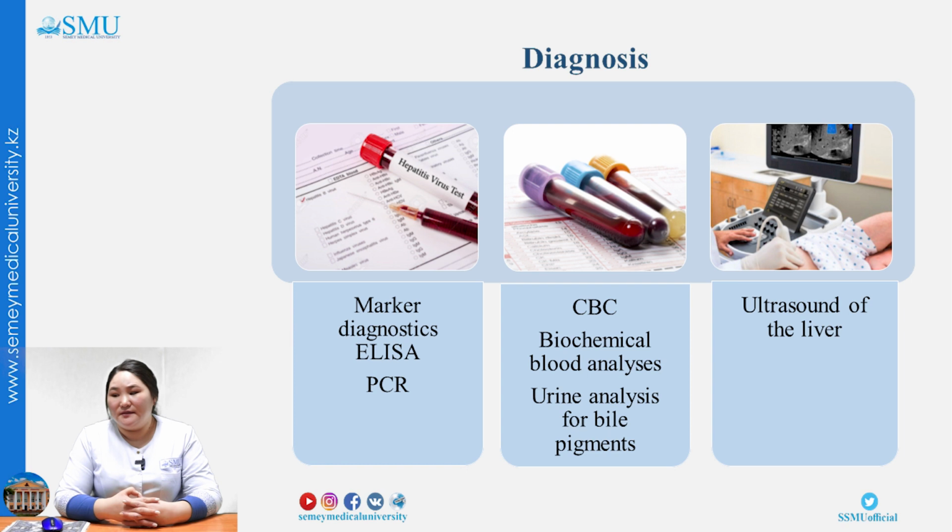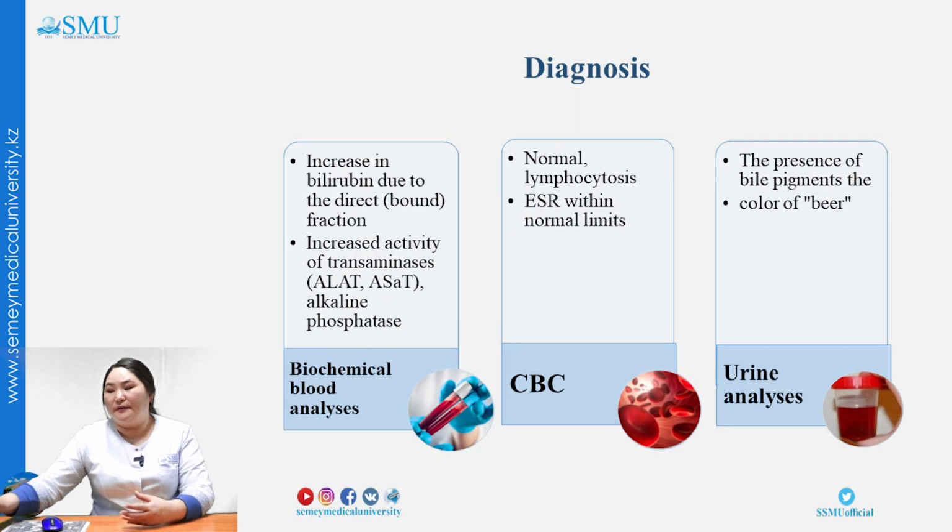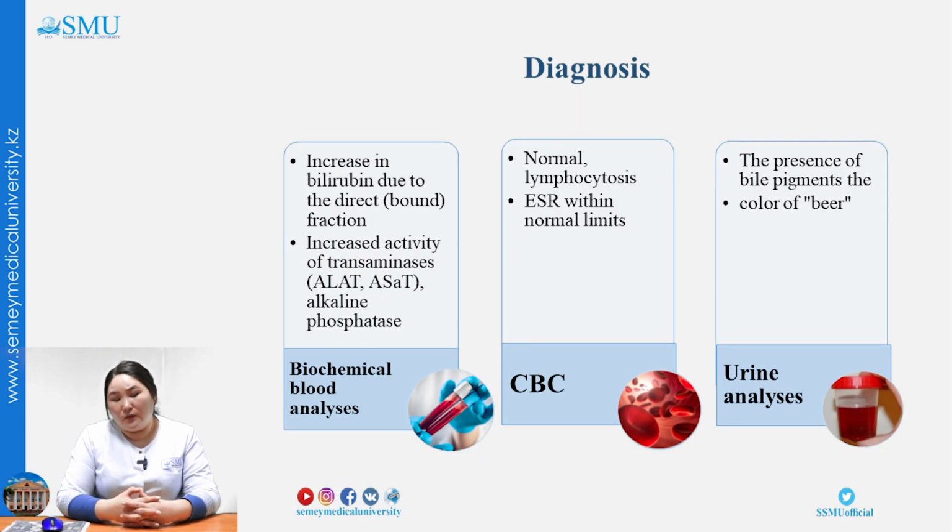For diagnosis, we are using general clinical methods and specific laboratory tests. First of them are general clinical methods. We will use CBC. For CBC, there are no specific changes. Sometimes you can find normal counts or lymphocytosis. ESR is mostly normal.